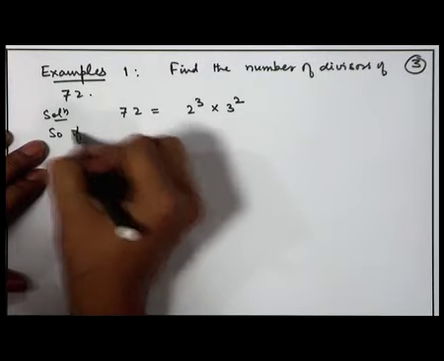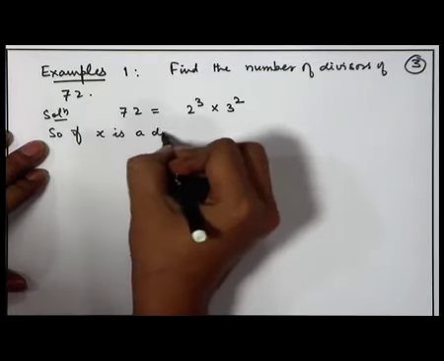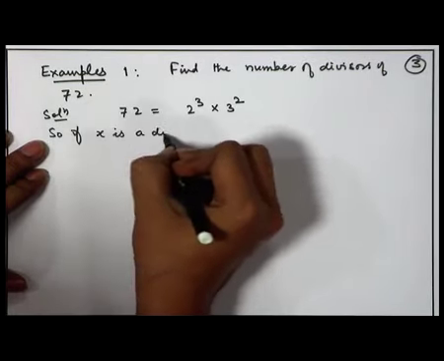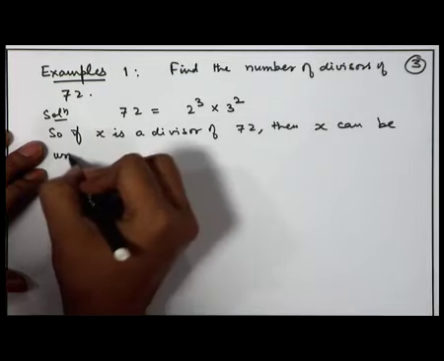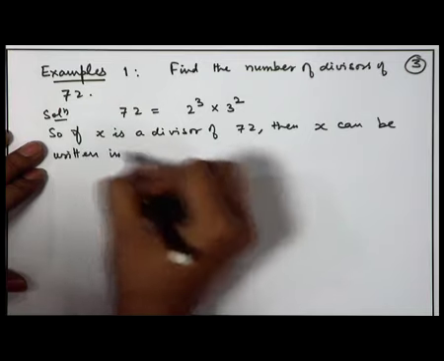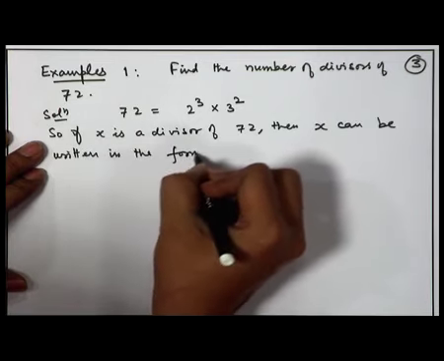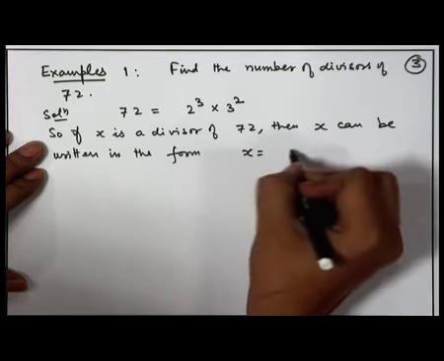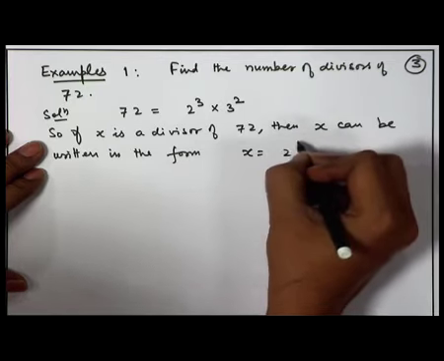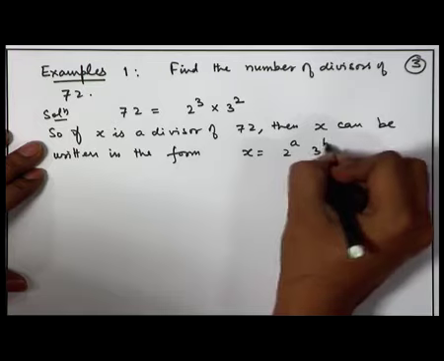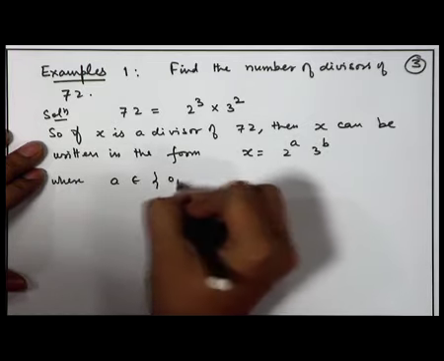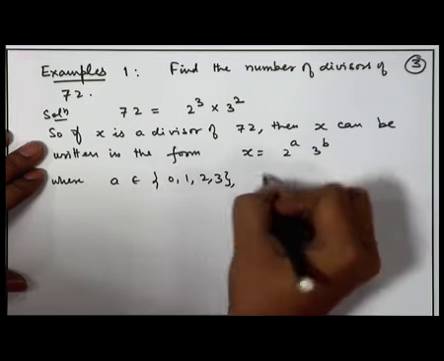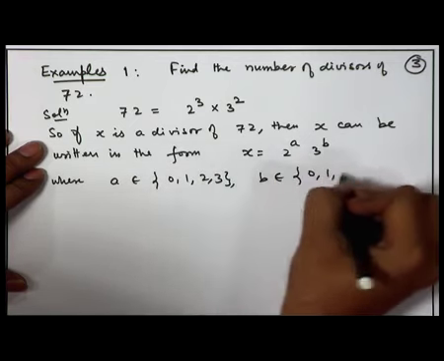If x is a divisor of 72, then x can be written in the form x equals 2 to the power a into 3 to the power b, where a belongs to the set 0, 1, 2, 3 and b belongs to the set 0, 1 and 2.